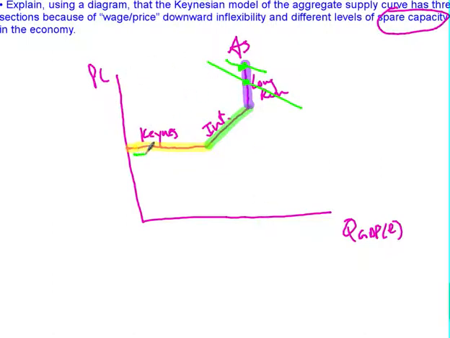And so as we move along, here we have a lot of unemployed resources, and this is quantity being produced, so as we move to the right, you're going to have greater employment. If we start moving here, and production starts to increase, I'm just taking aggregate demand and starting to shift it out. As we go up, here in this Keynesian range, we have a lot of spare capacity, extra resources that aren't being used, unemployed resources.